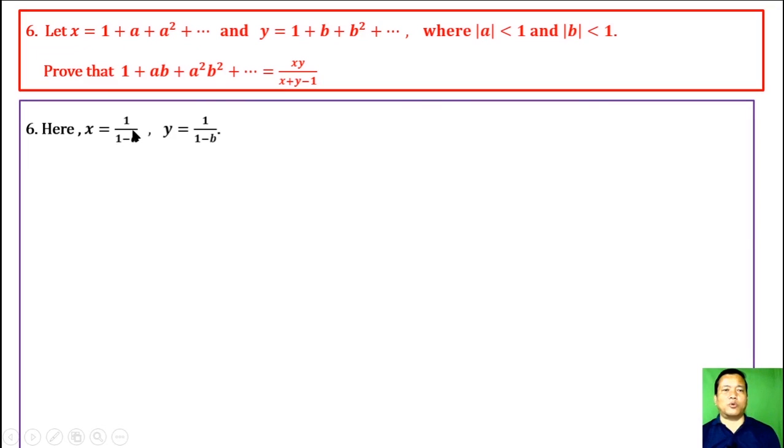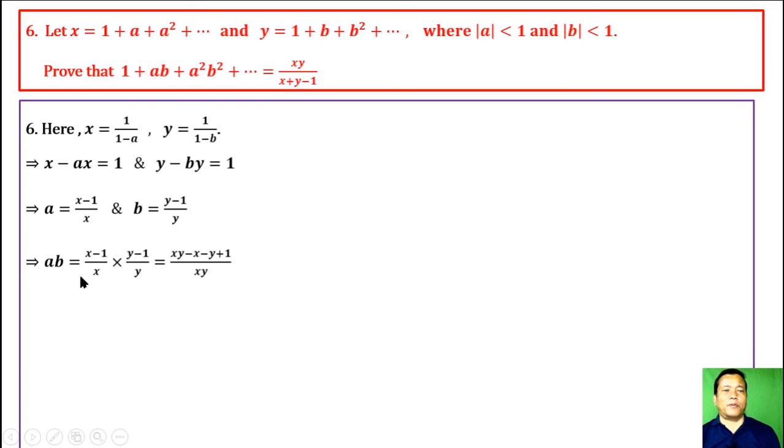Here x becomes 1 by 1 minus a, and y is also 1 by 1 minus b. Therefore, cross multiply, we get this, which is also this, and solving, a is this, and b is this. Therefore, the product ab is, after giving their values, we get this, and 1 minus ab is what? 1 minus ab is, putting their respective values, solve, we get this.